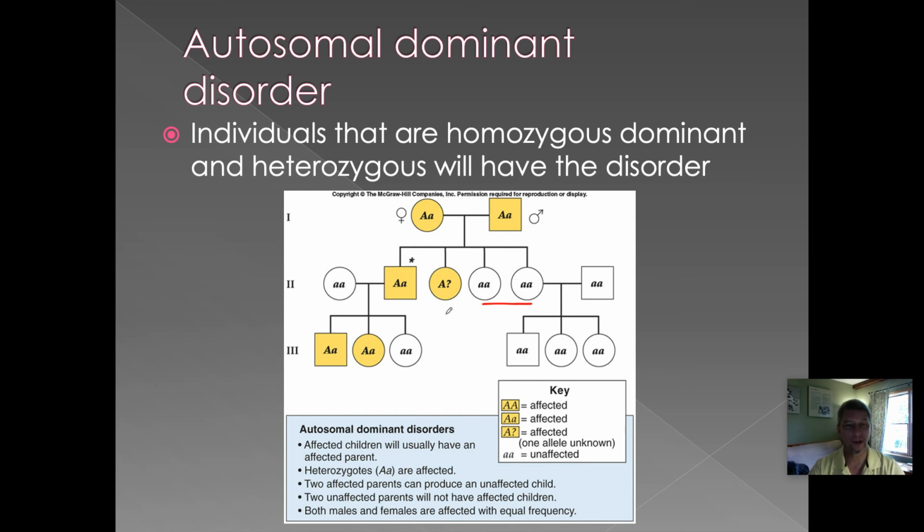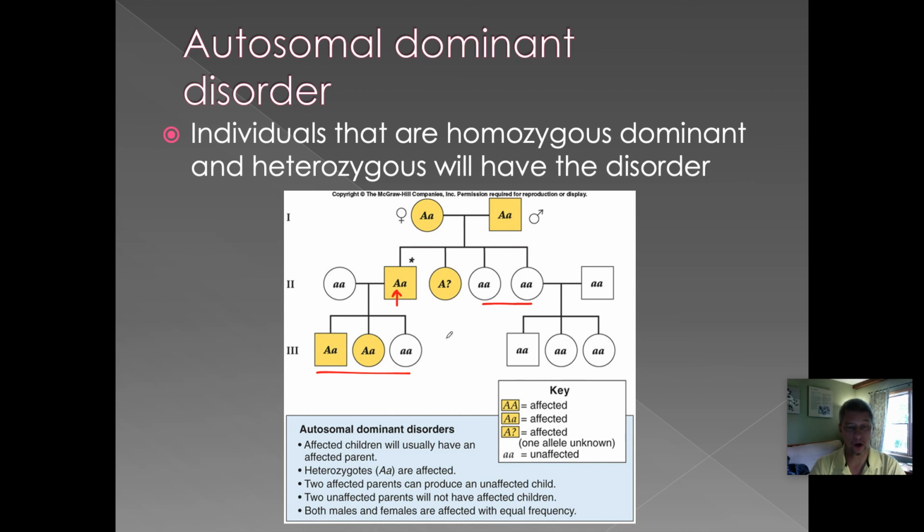The son marries an unaffected woman, but their children are still likely to have the disorder because dad has a 50% chance of passing on that dominant allele. The characteristics of autosomal dominant disorders: affected children usually have affected parents, or at least one affected parent.